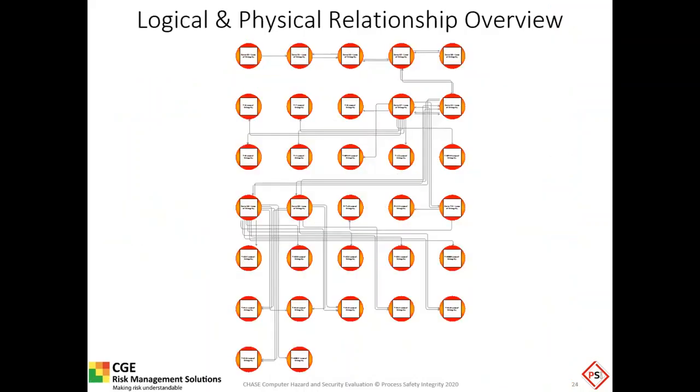And using the relationship diagram within BowTieXP, that can be summarized. It's a bit difficult to read, and you may need a microscope to get into the detail, but what it does show at a relatively high level, again, is the topology of it. It's showing that this system here has lots of interconnections, a bit like a tube map or a metro map.